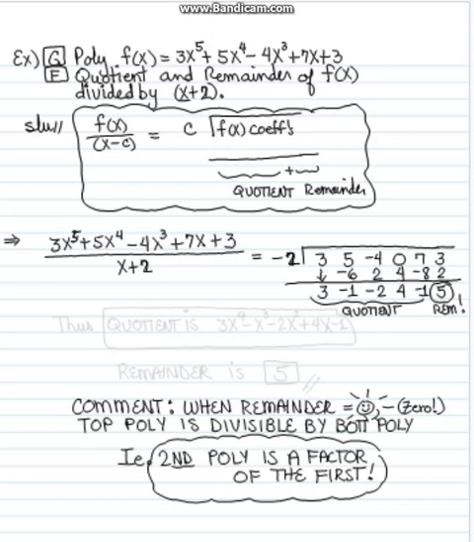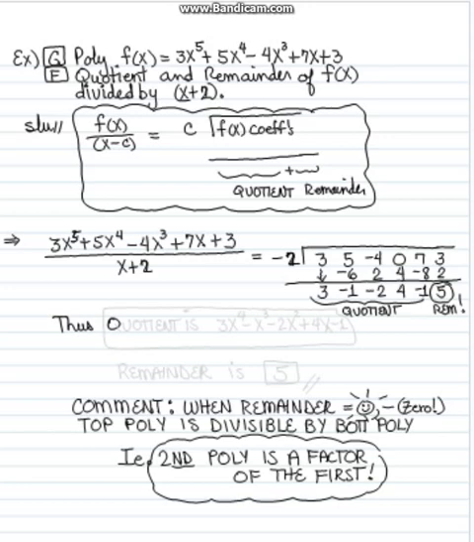Thus, the quotient is, okay, now I'm going to take those coefficients on the bottom and write them as a polynomial 1 degree lower than f(x). f(x) was a 5th degree polynomial, look at the very top, so those values are going to be coefficients for a 4th degree polynomial.